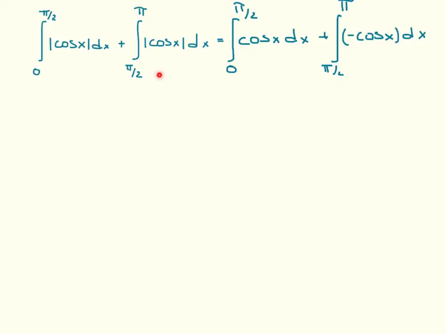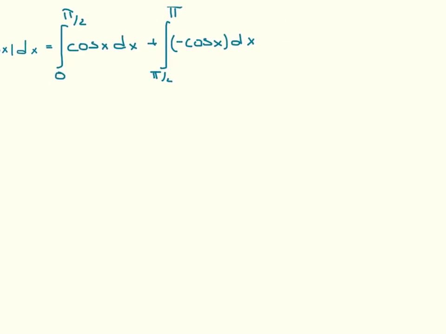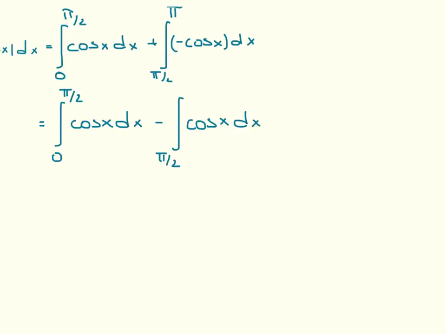Now each of these definite integrals should be pretty easy to solve. We'll just do one more little bit of simplifying, which is to bring the minus sign out in the second integral. So I get integral of cosine x dx from 0 to pi over 2 minus the integral of cosine of x dx from pi over 2 to pi.